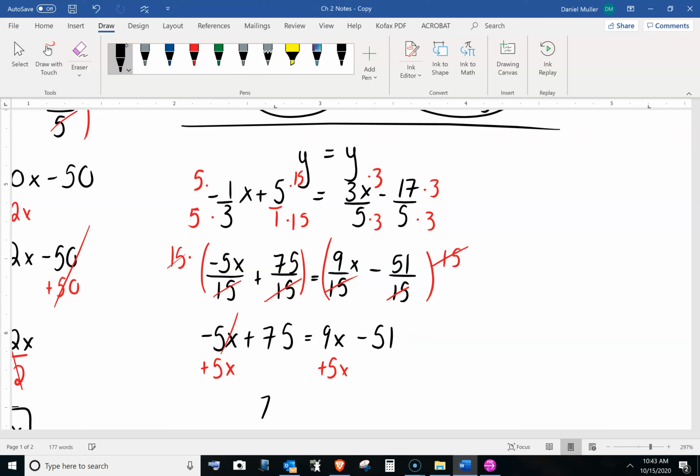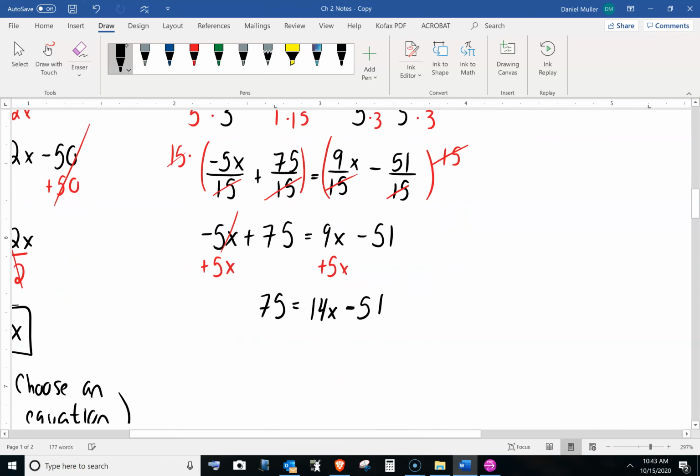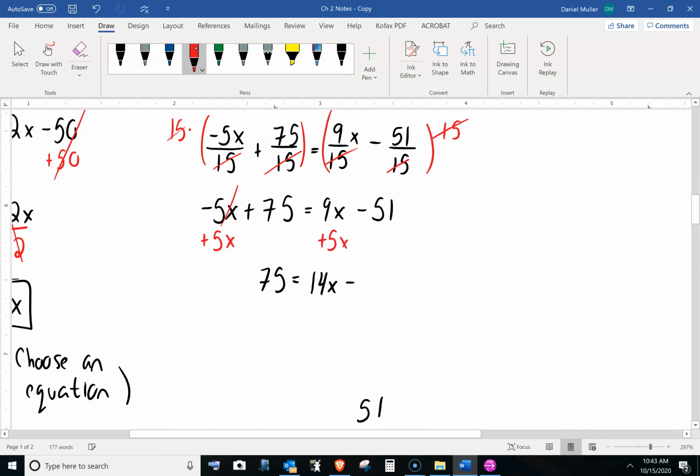So 75 equals 14x and then minus the 51, which I'll have to change here, so I'll add the 51. And those can cancel. Now 75 and 51 will be 126, which is then equal to 14x, and then we can divide by 14.